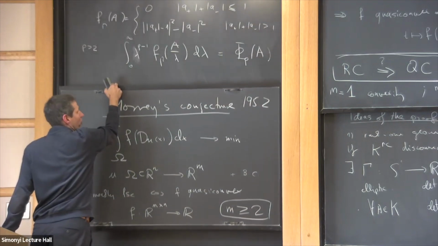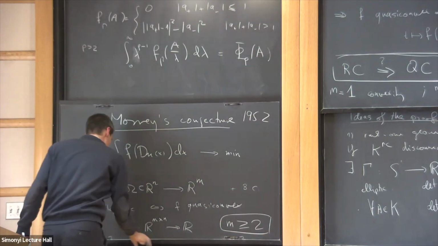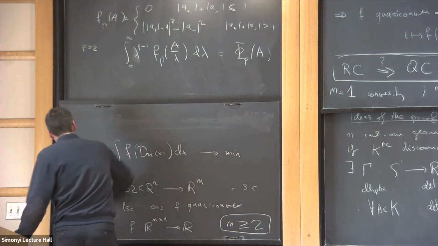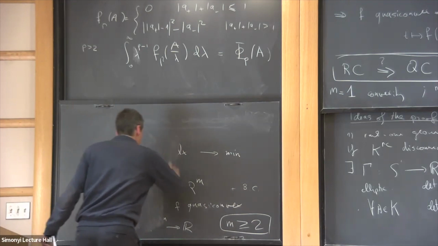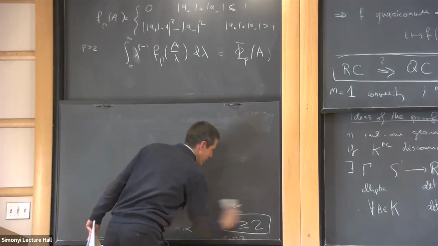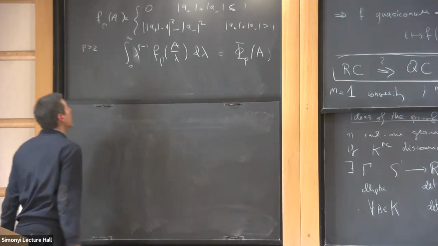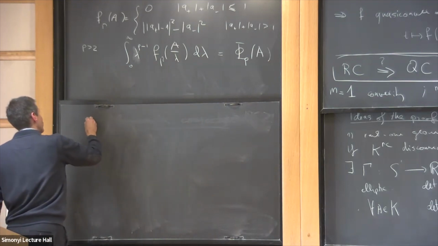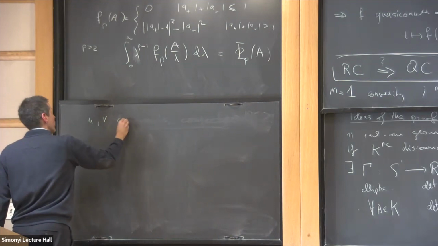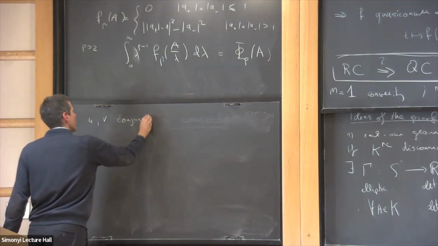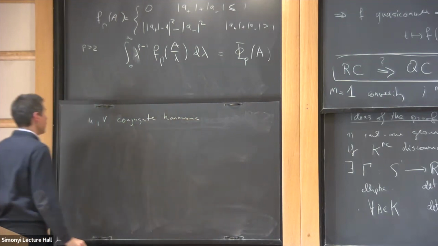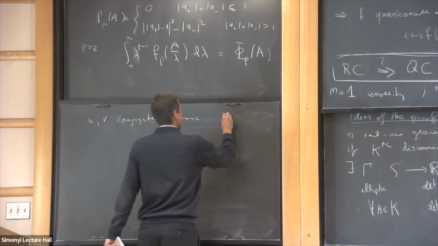Also to get partial results for the Beurling-Ahlfors transform. But just to give a very simple idea, let's take two conjugate harmonic functions, say on the unit disk.